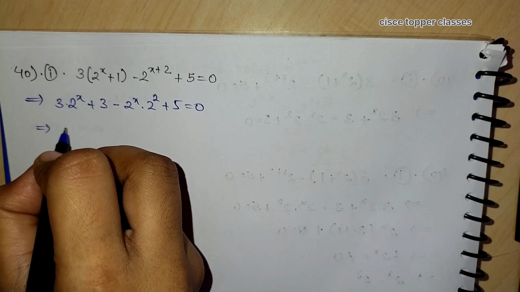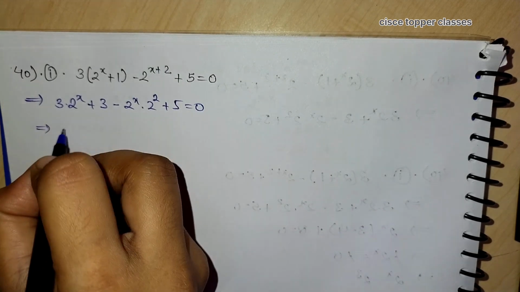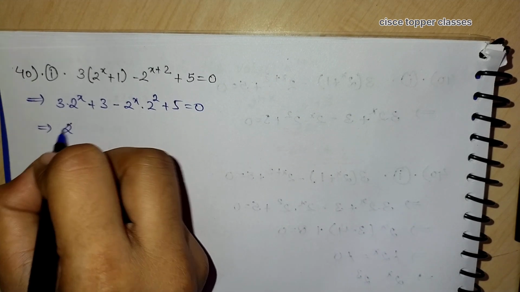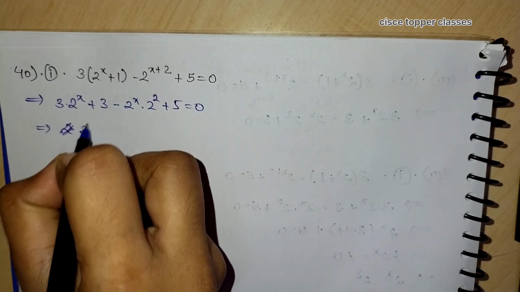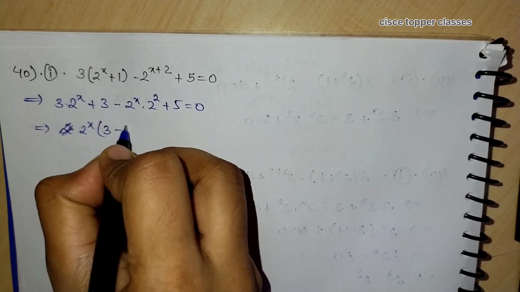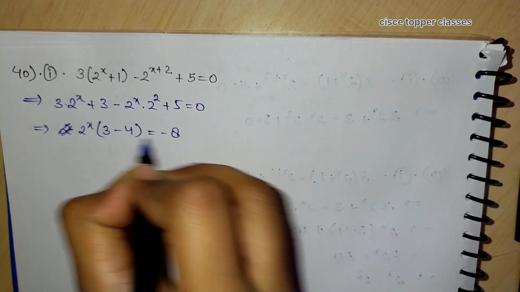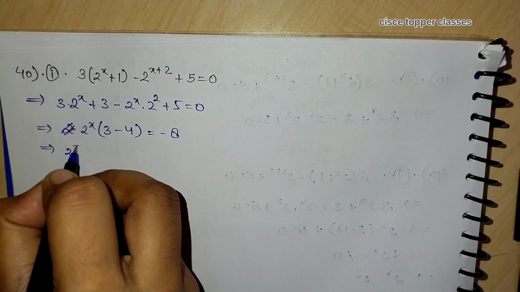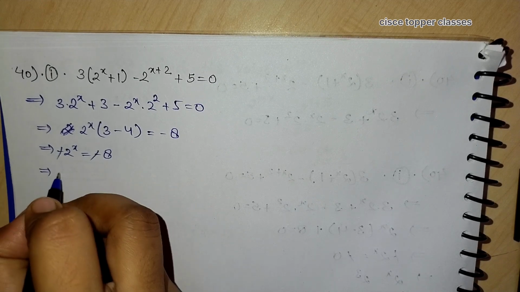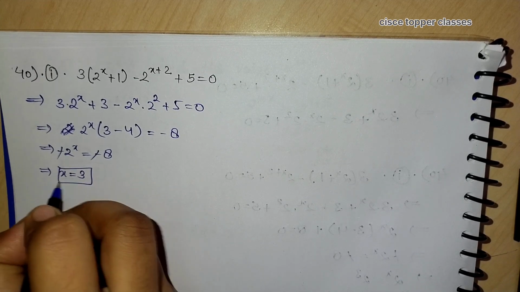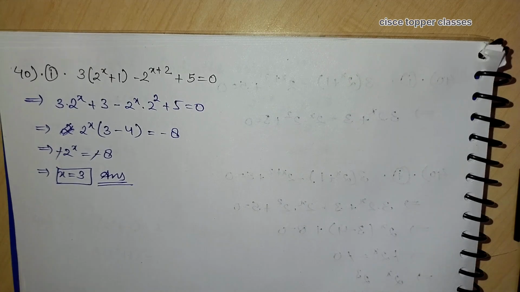And here we can write 2x as common. So, sorry, we will subtract here. So it will be 2x as common, and here 3 minus 4 equal to minus 8. So 2x minus 2x is equal to minus 8. Minus minus will be cancelled out and x will be equal to 3. So this is the answer here in the first part.